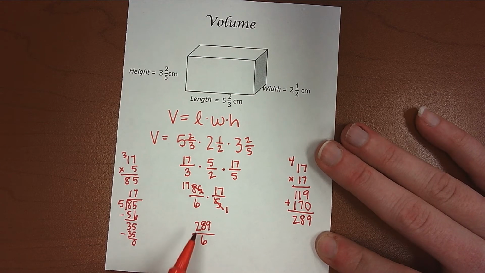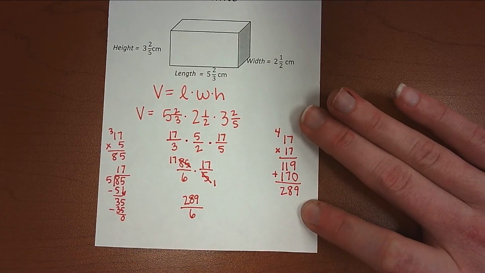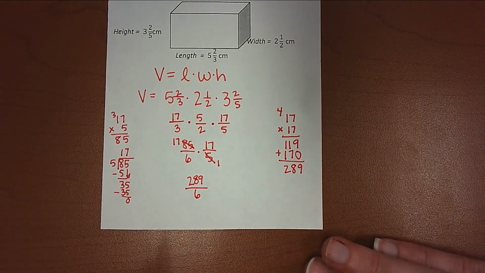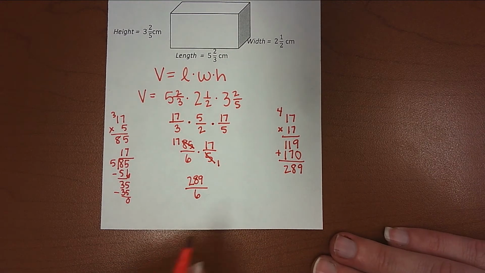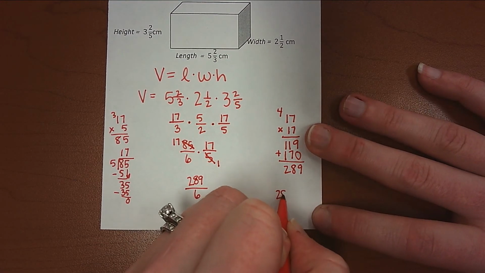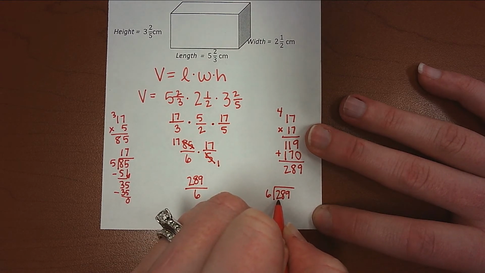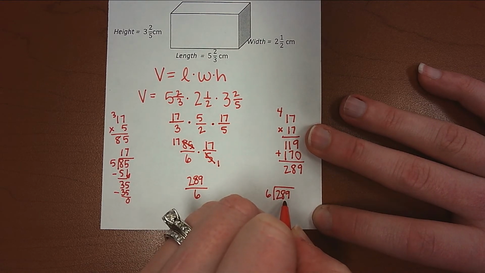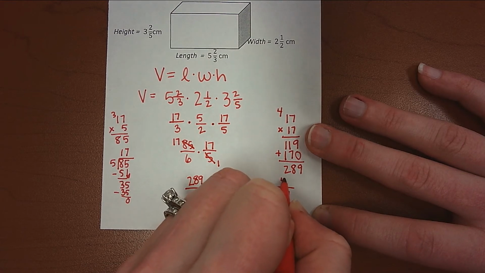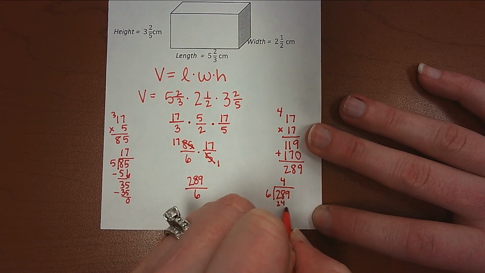And now I know I have an improper fraction that needs to be converted into a mixed number. I just have to figure out how many times, so I'm going to have to do some more division. 289 divided by 6. 6 cannot go into 2, but it does go into 28 4 times. 4 times 6 is 24.